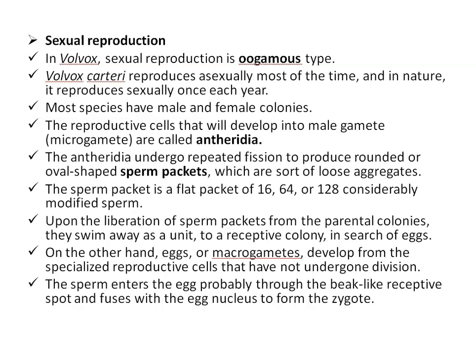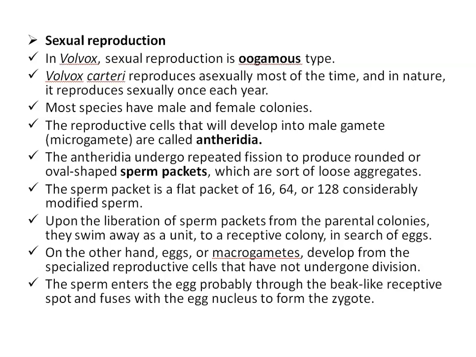On the other hand, eggs develop from the specialized reproductive cells that have not undergone division. A few macrogametes, meaning eggs, are large and loaded with food for nourishment of the young colony. When these macrogametes are mature, the sperm packet enzymatically lyses a hole in the colony and dissociates into individual sperm, which swim slowly through the gelatinous oogonial wall.